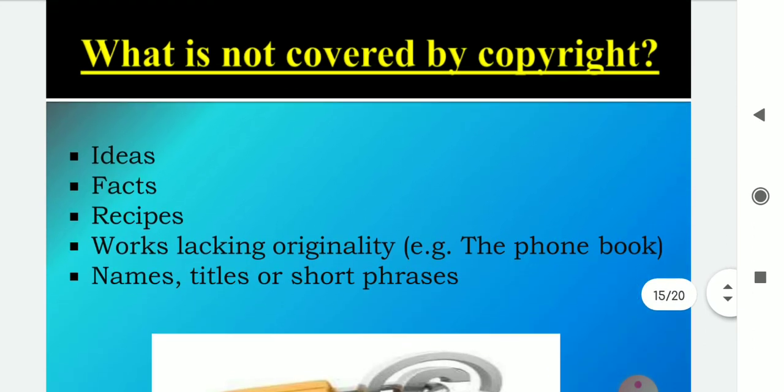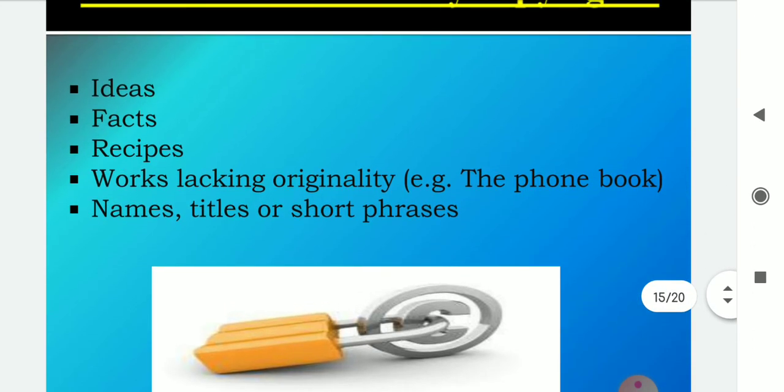What is not covered by the copyright? The ideas. Second thing, facts. Recipes cannot be copyrighted. Works lacking originality, that is the phone book. The phone book is not copyrighted. Names, titles and short phrases.